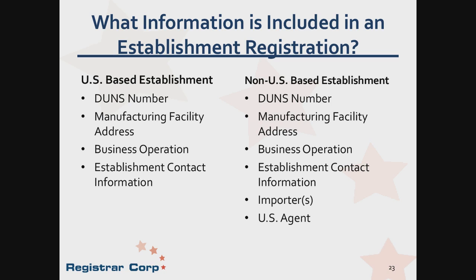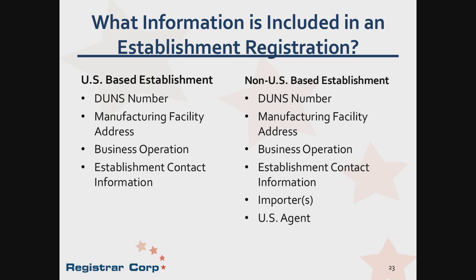The United States agent is responsible for reviewing, disseminating, routing, and responding to all communications from FDA, including emergency communications. Also, they are responsible for responding to questions concerning those drugs that are imported or offered for import to the United States.